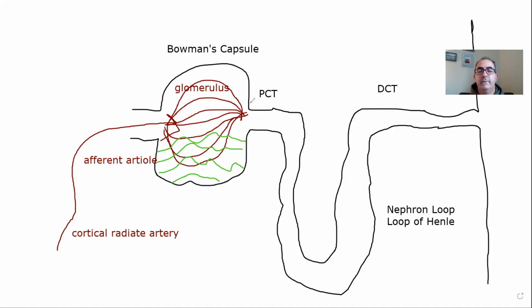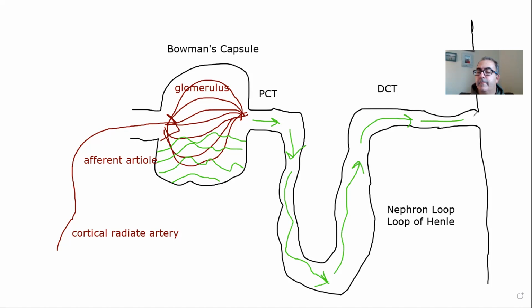That liquid is going to travel through the nephron, back up the other side of the nephron, and eventually go to the ureter.